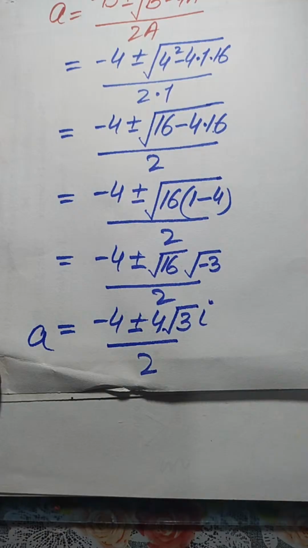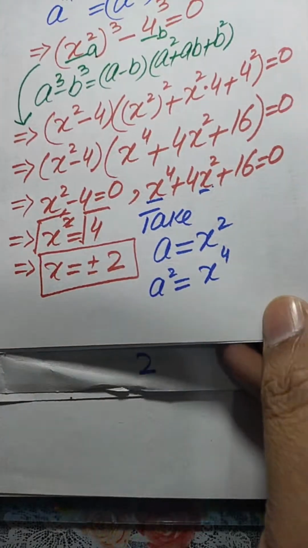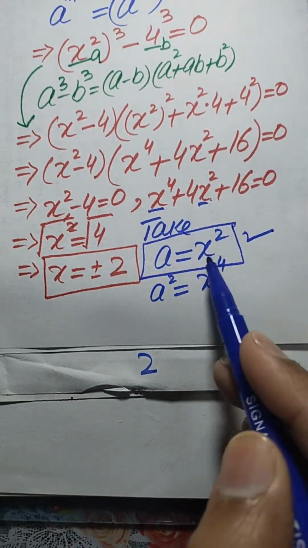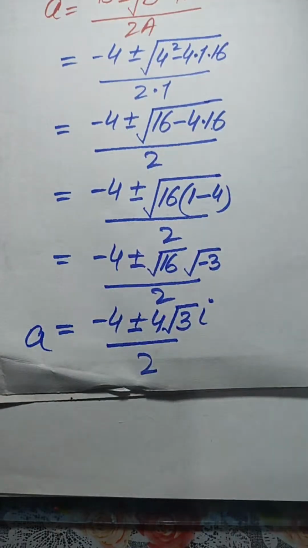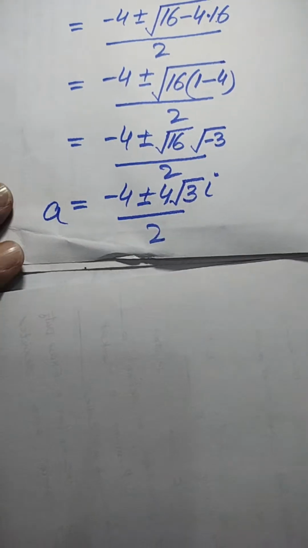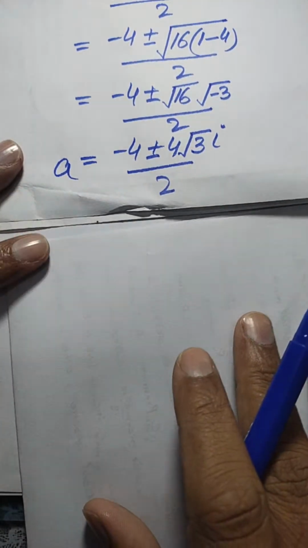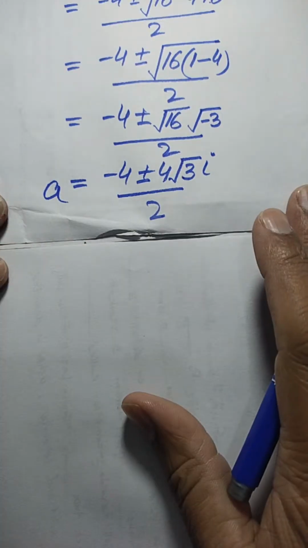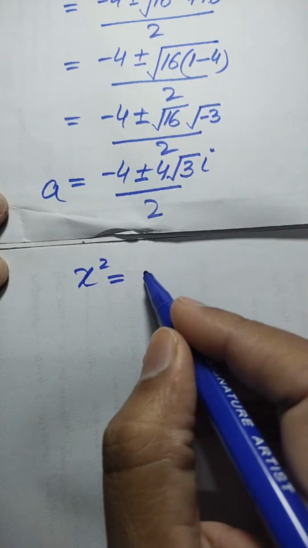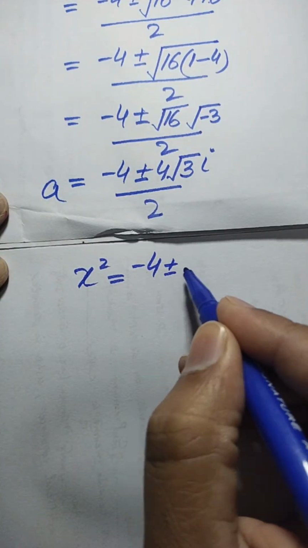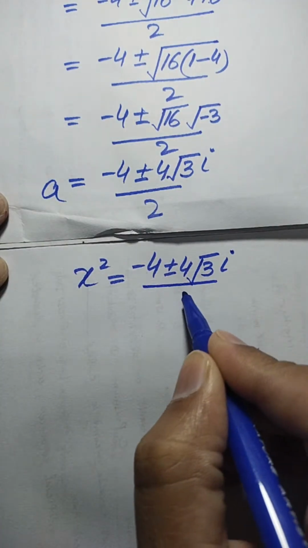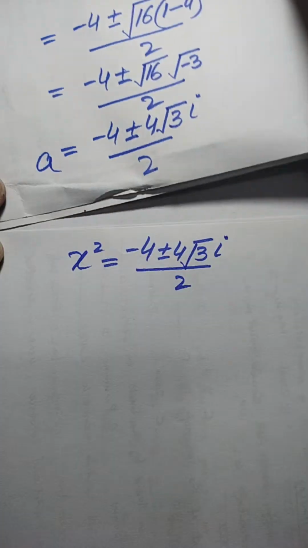But here if we move backward, you see here our a is equal to x square, so we need to move backward and substitute this value of a here. After substituting back the value of a, this equation is written as a is equal to x square equals minus 4 plus minus 4 times square root of 3 into iota, and it is divided by 2.